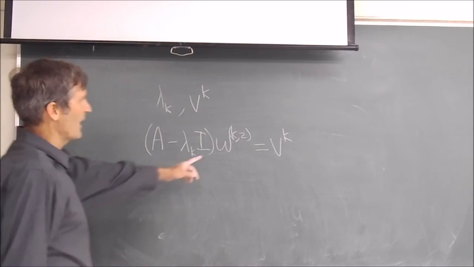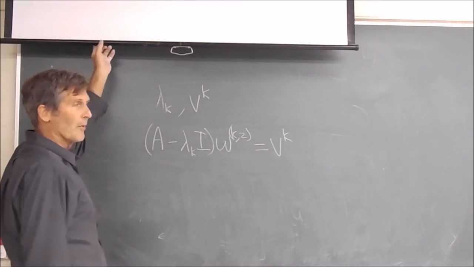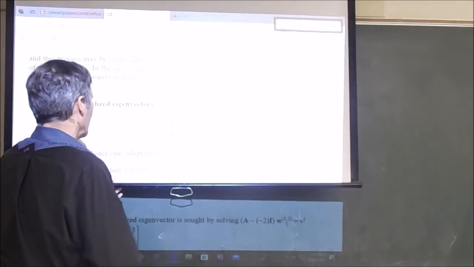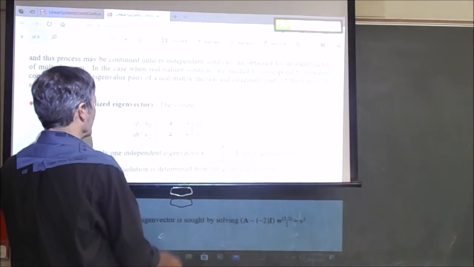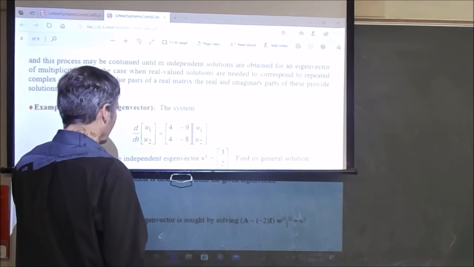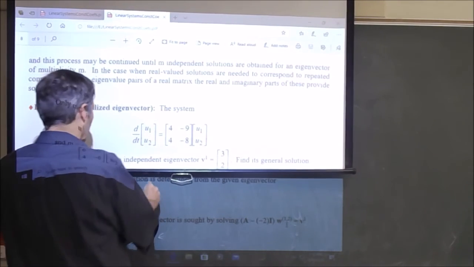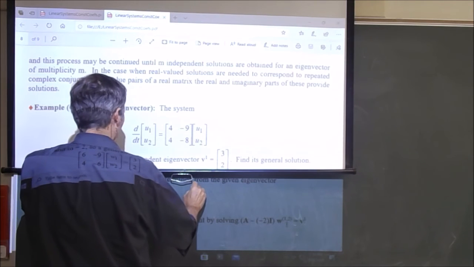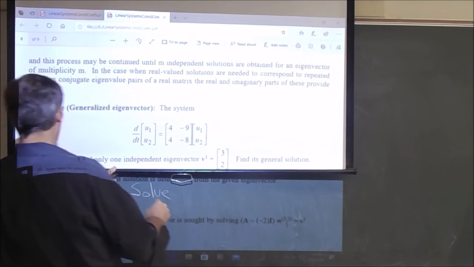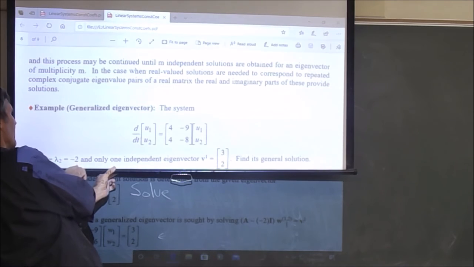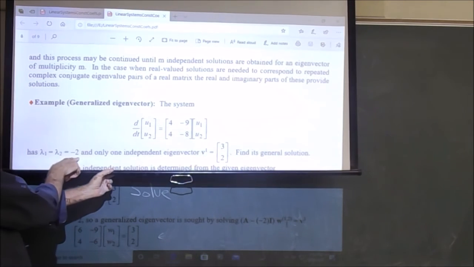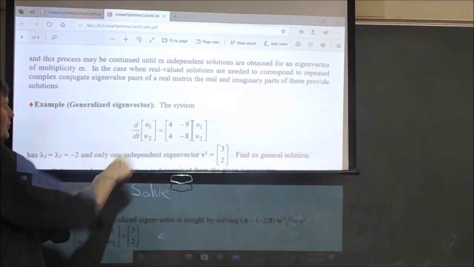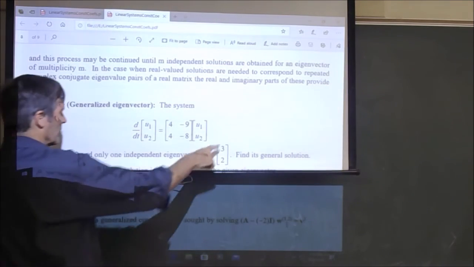And if we find this vector, we just write down that solution that we showed there. Here we have an eigenvector 3, 2 for this matrix, 4, -9, 4, -8. The eigenvalues are -2 and -2, both equal here, and it turns out there's only one eigenvector.